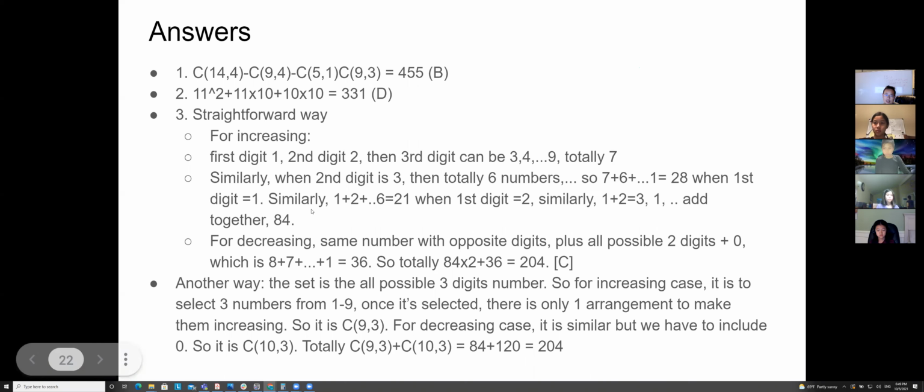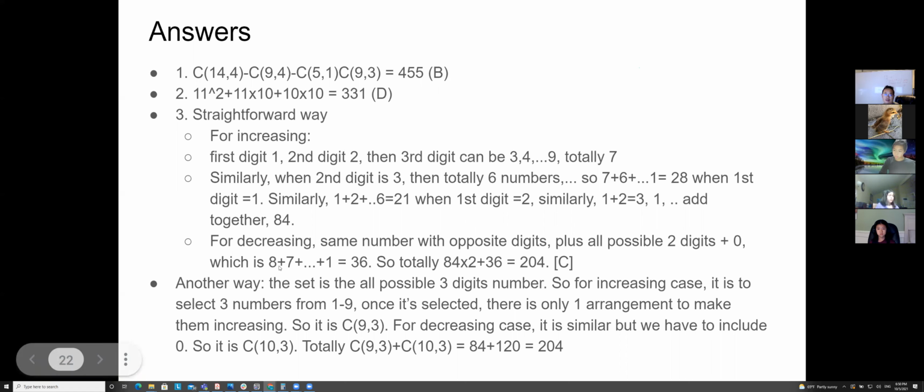And then similarly, you add them together to get 21 when the first digit is 2. Until you get the final number 84. And for decreasing, the same number with opposite digits plus all possible 2 digits plus 0. So this is just going to be 84 plus 36. So 36 is the extra for the decreasing. So totally we're talking about 204.